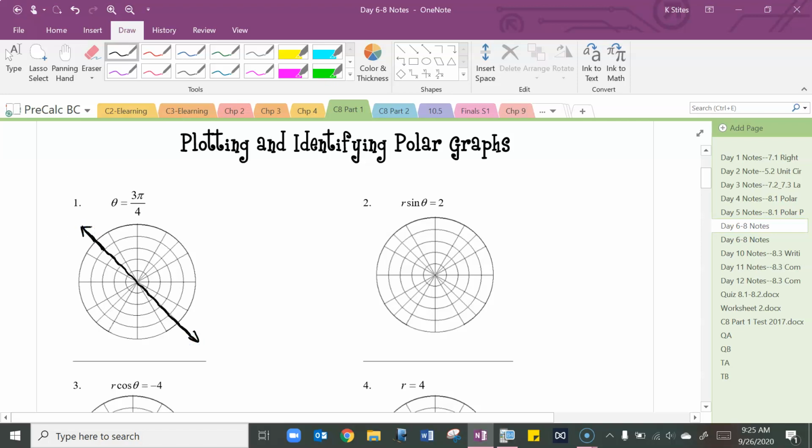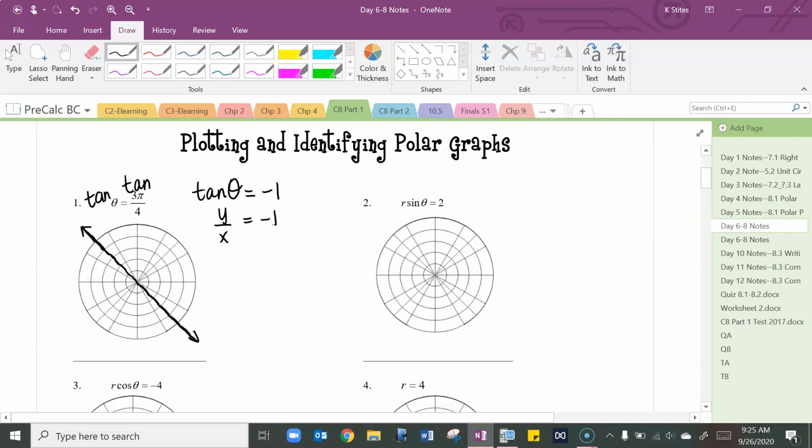Now, we can be a little more specific about what type of line it is. If you take the tangent of both sides, you would get that the tangent of theta is, well, tangent of 3 pi over 4, that would be -1. Well, tangent, we should know, is really y over x, or sine over cosine.